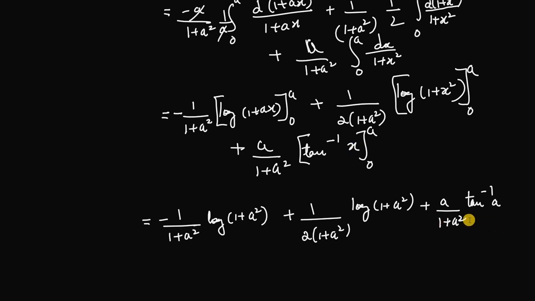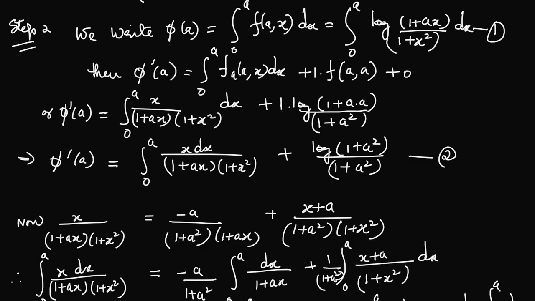So after simplifying this one, we got all these 3. So this implies that the integral of x dx divided by (1 plus ax) into (1 plus x square) from 0 to a is equal to this whole thing. Now next we differentiate this one.